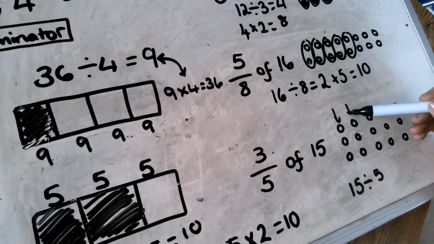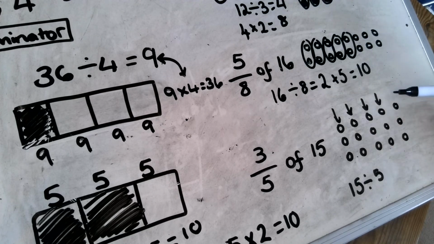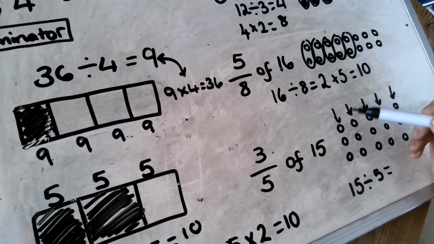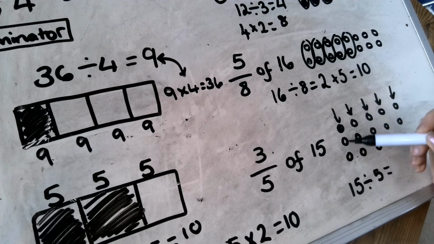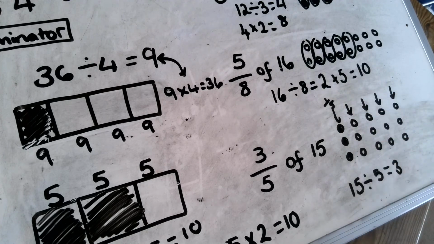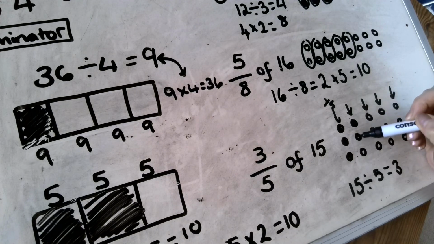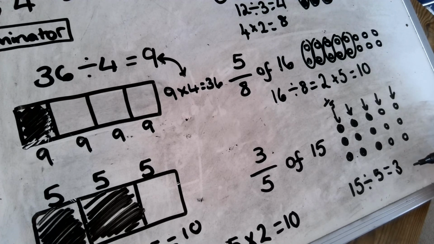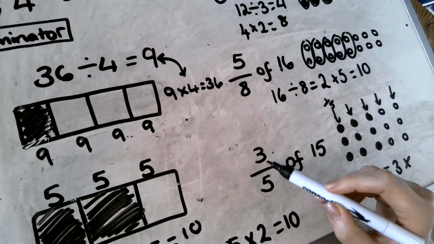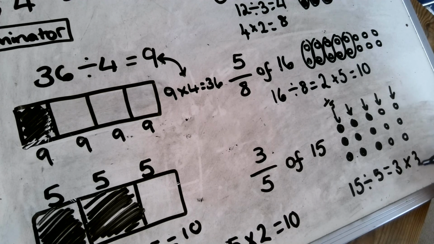How many is in each group? 1, 2, 3. So 1/5 of 15 is 3, but I need 3/5. I need this column here, and this column here. So I'm going to times my 1/5 by 3, which equals 9. So 3/5 of 15 equals 9.